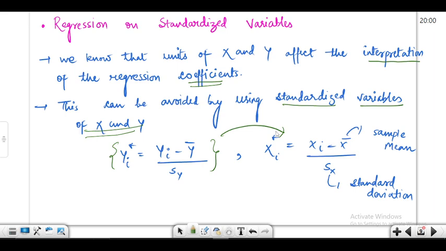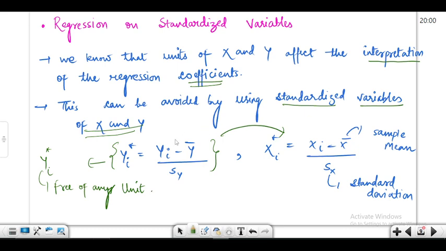So why are we doing this? Firstly, this makes the standardized y variable, that is your yi star, free of any unit. How?